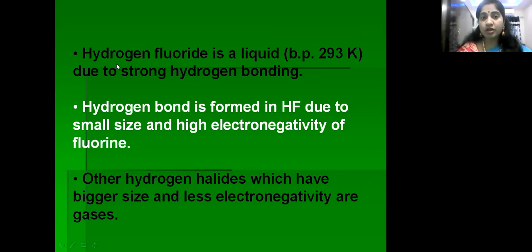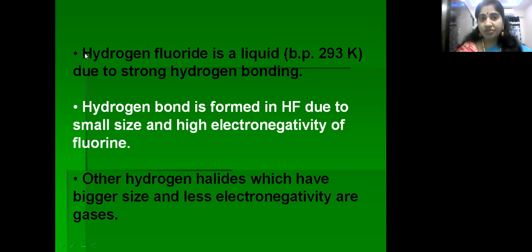Why does intermolecular hydrogen bonding exist? Because fluorine is highly electronegative. Between a highly electronegative element of the molecule and hydrogen, there will be strong intermolecular hydrogen bonding. We have already discussed this in previous sessions, and you have studied it in the first year, children.